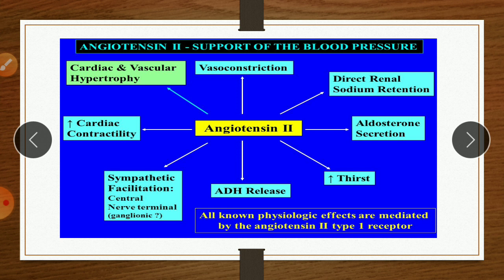But all these effects are produced when angiotensin II binds with its receptor. After formation of angiotensin II from angiotensin I, this angiotensin II binds to its receptor and produces these effects. There are 4 receptors of angiotensin II, namely AT1, AT2, AT3 and AT4. These receptors belong to the GPCR, G protein coupled receptor, but the important one is the AT1 receptor. It manages specific cardiovascular activity.